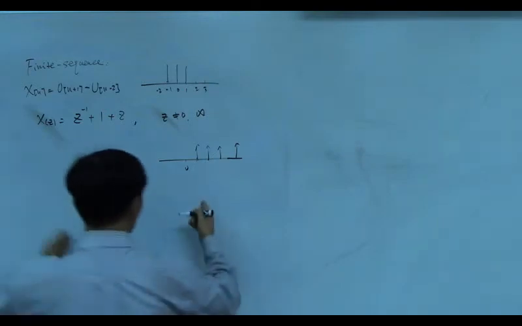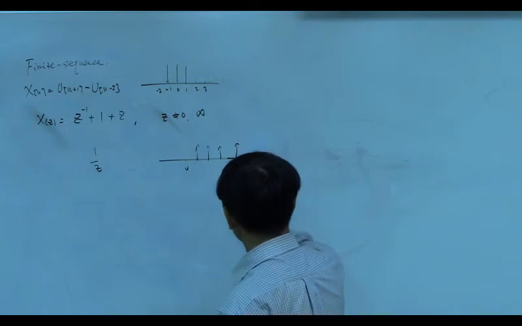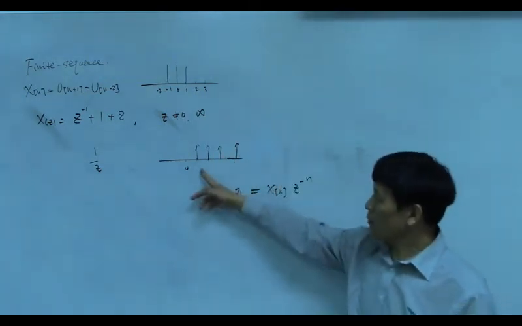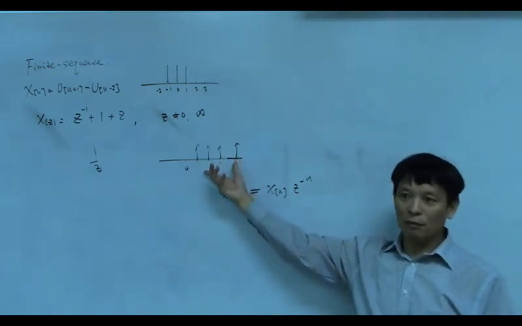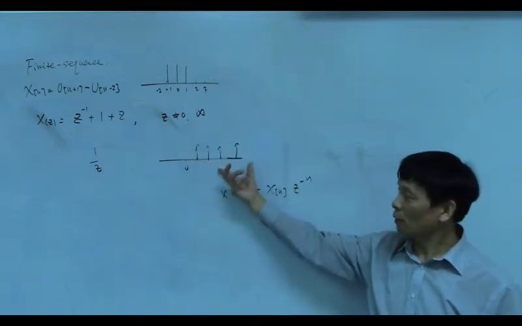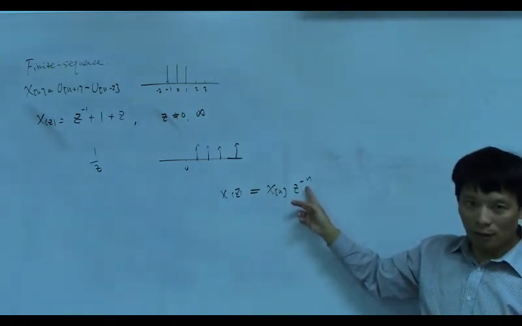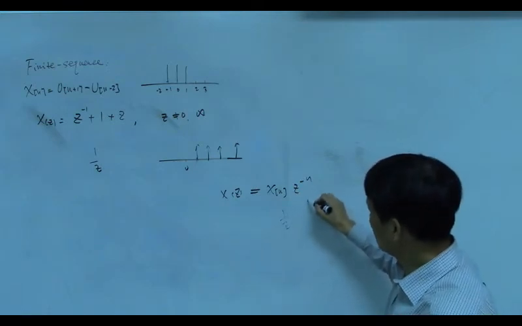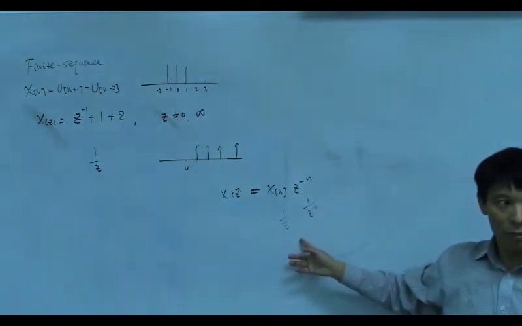Remember the definition, times Z to the negative n. For this example, this n is only positive, maybe 1, 2, 3, 4, but anyway, it's finite, right? From a positive time to a positive time. So the exponent will be negative, for example, negative 1, negative 2. So we are going to have terms like 1 over Z and 1 over Z squared or something like this. So that means Z cannot be equal to 0, right?